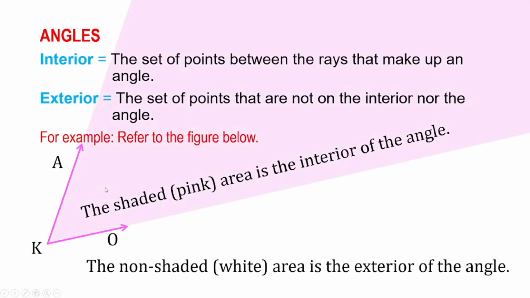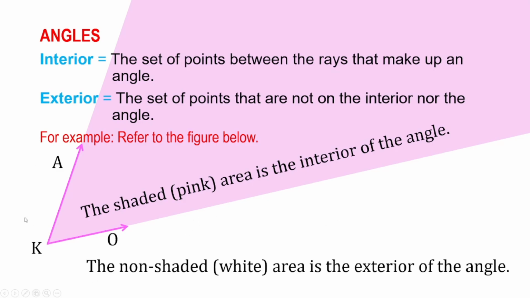So let me just show you. If you remember that rays are extending infinitely in one direction, so these two rays are actually infinite, and we can see that the shade there is the interior of the angle. The exterior, on the other hand, is the one that is not on the interior.